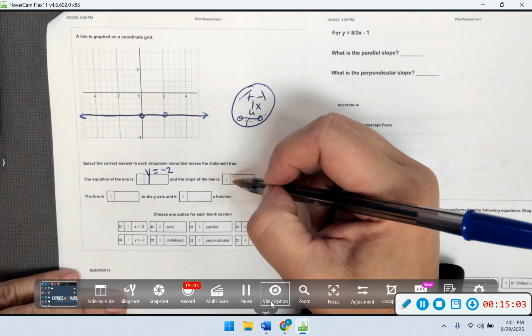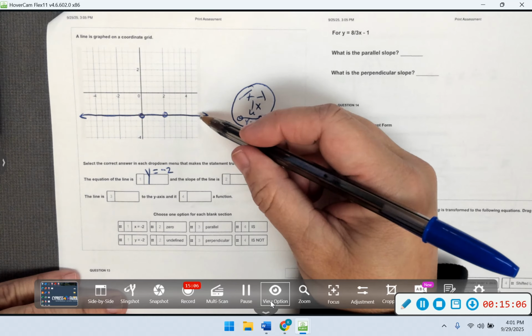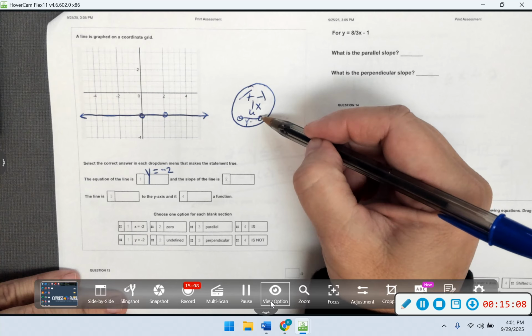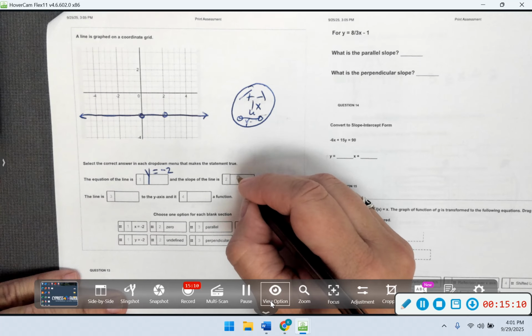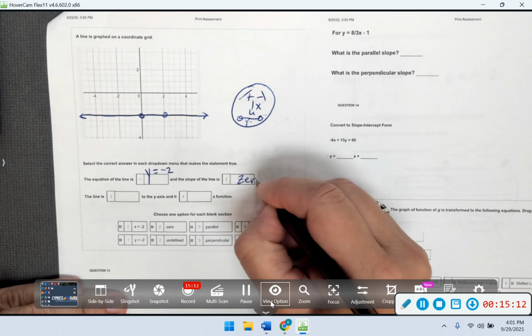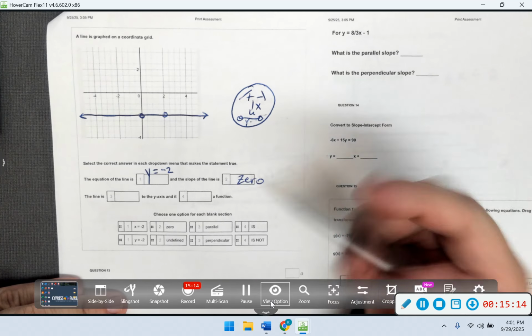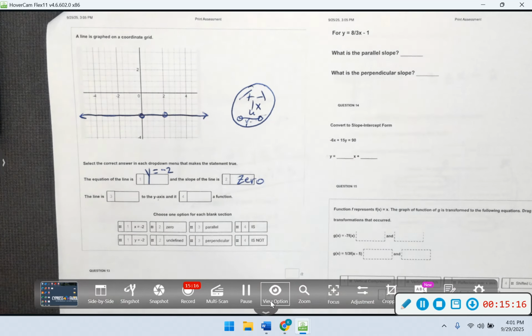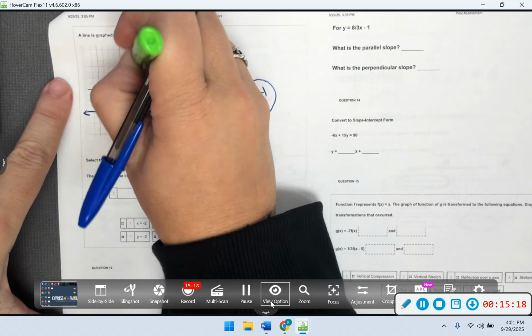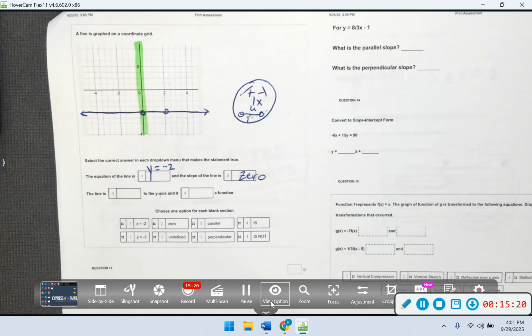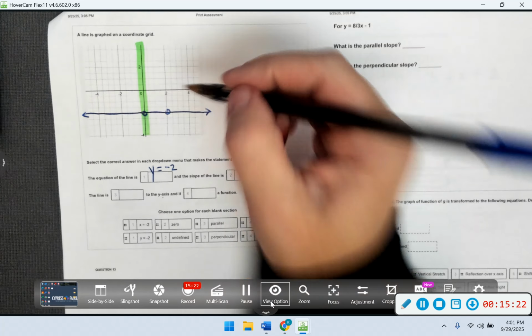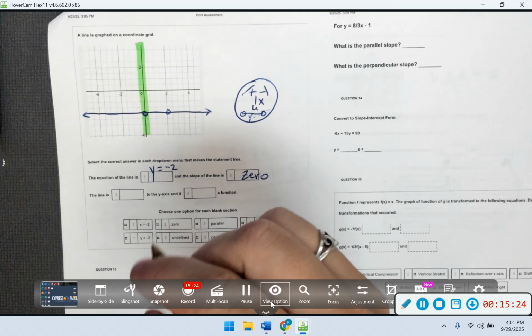And the slope of the line, again, use the slope man. The slope is going to be 0. It's his mouth. So the slope is going to be 0. The line is blank to the y-axis. Here's the y-axis. It is not parallel. Parallel lines never intersect. This would be perpendicular to the y-axis.